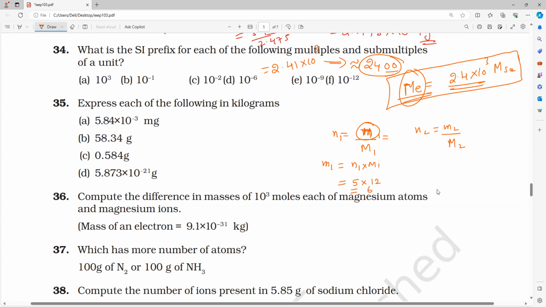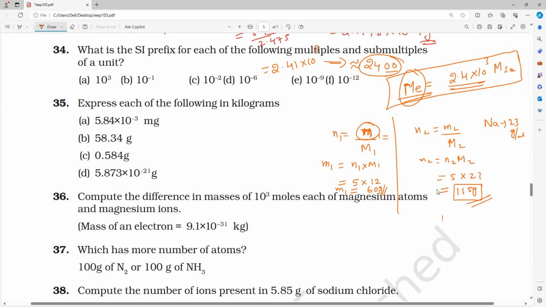So 5 twelves are 60 grams. So the mass is 60 grams of carbon. M2 is number of moles into molar mass, with number of moles 5 only. The molar mass of sodium is 23 grams per mole. So 23 into 5 equals how many grams?